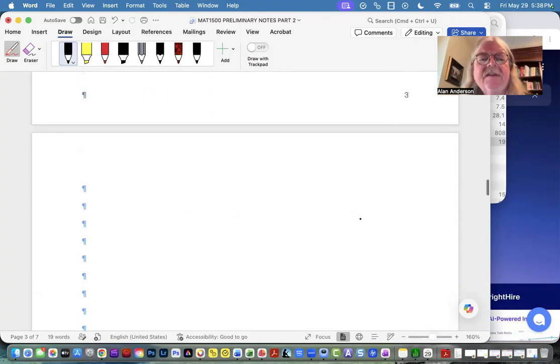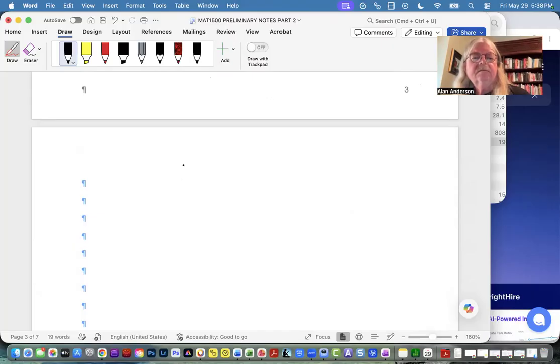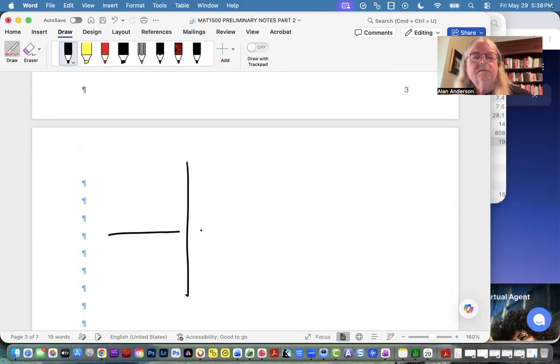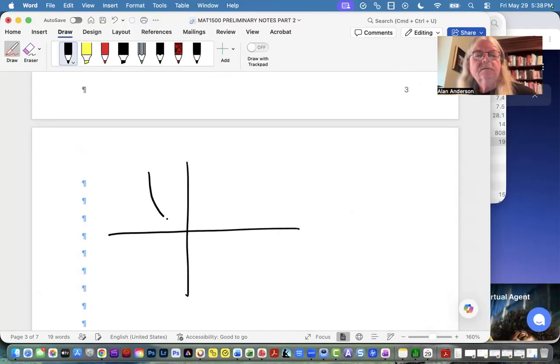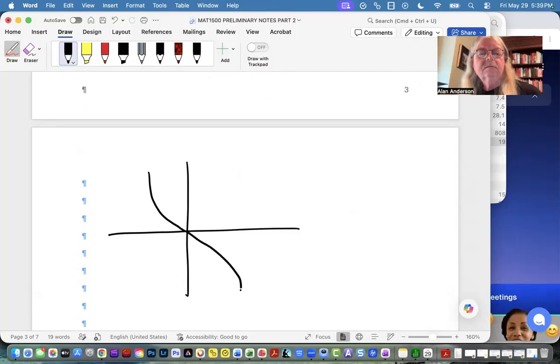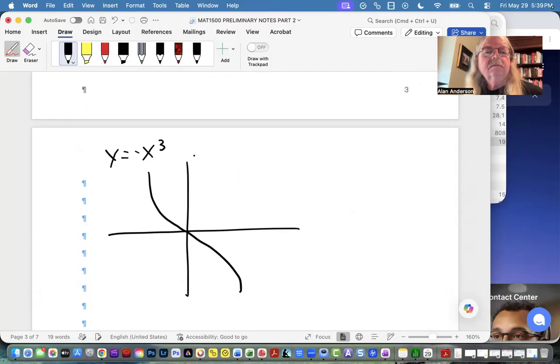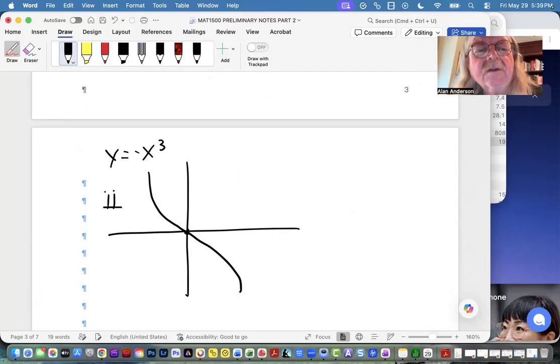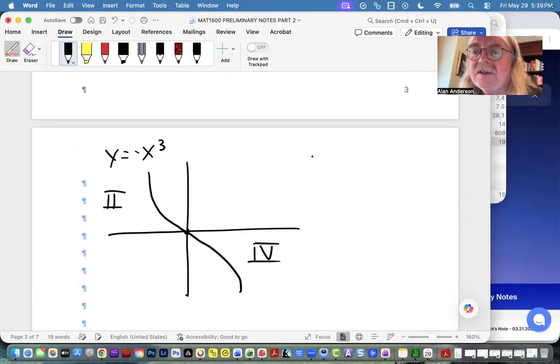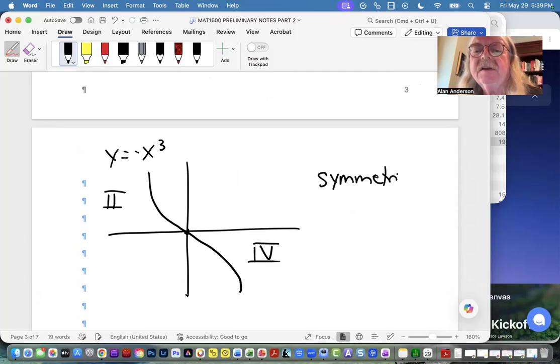You could also have this case, and again, even though we're now looking at the second and the fourth quadrant, this also counts as symmetry with respect to the origin.